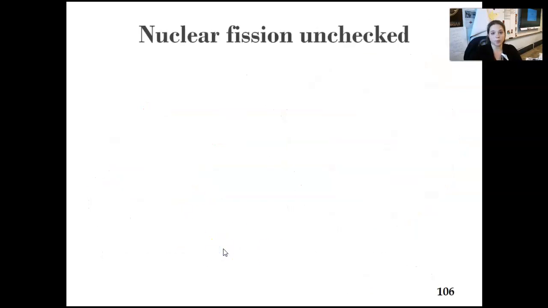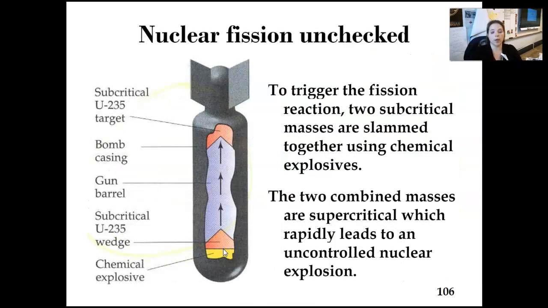All right. And what would happen if, say, it's unchecked? Well, you can see this is an unchecked version of nuclear fission. It's one that we don't like. It's not cool. So you have subcritical U-235, which is aimed at a target, or is the target. You've got the bomb casing, a gun barrel, for lack of a better word, and then a subcritical U-235 wedge.